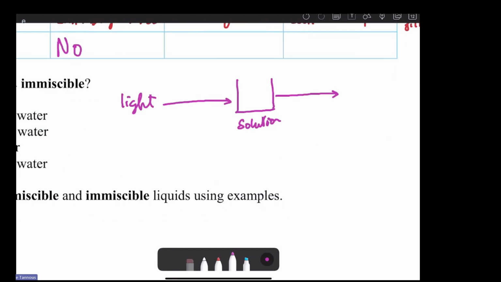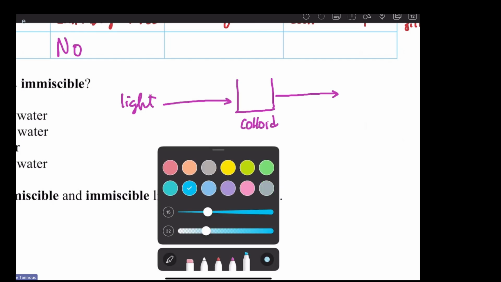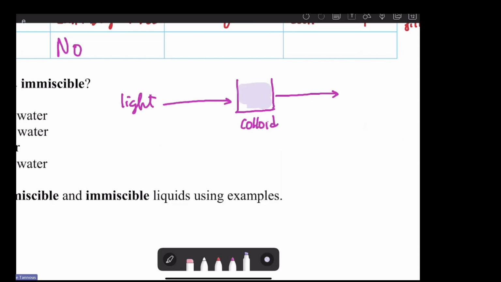However, if I have a colloid, it's a different scenario. If I have a colloid, the light upon passing, you will see it inside the solution, scattered everywhere. You will see light coming from the mixture.